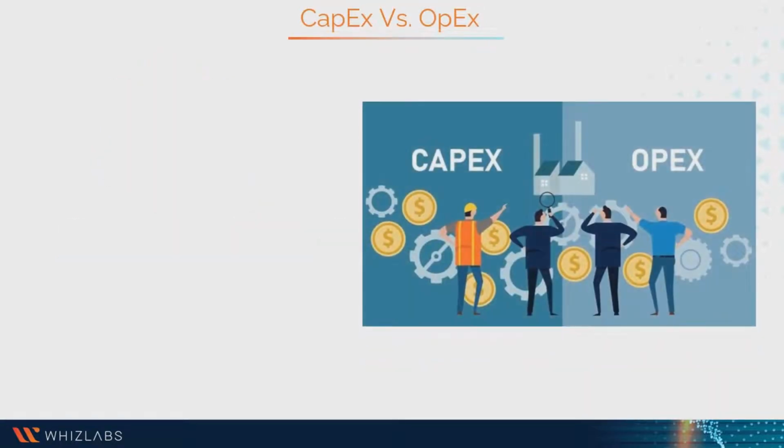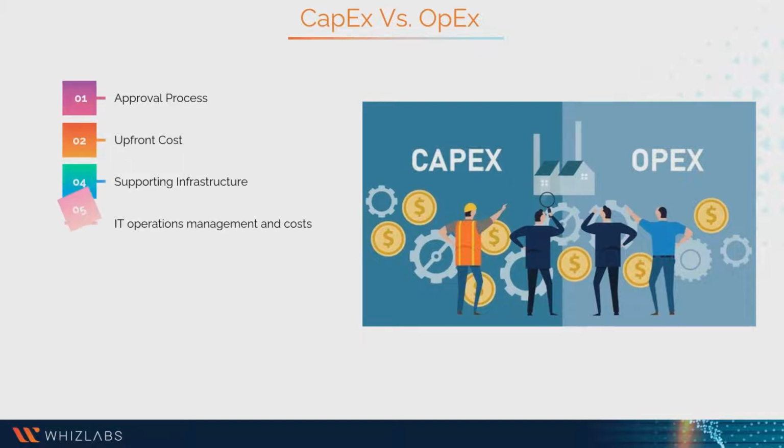Apart from these, there are a few components that can be considered to differentiate between CapEx and OpEx. These are approval process, upfront cost, supporting infrastructure, IT operations management and costs, forecasting, corporate policy.